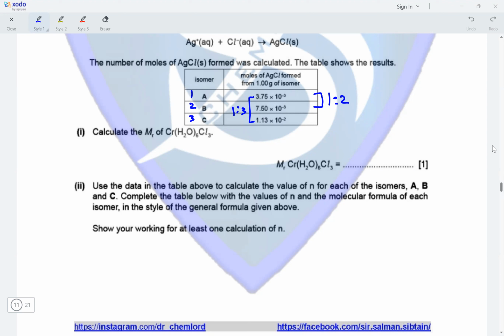Calculate the Mr of CrH2O6Cl3. So the Mr would be equal to the Ar of chromium, which is 52, plus 6 times 18 for water, and 3 times 35.5 for chloride ions, giving us an Mr value of 266.5.